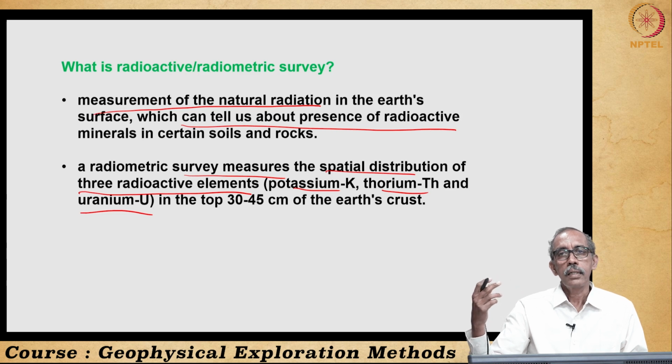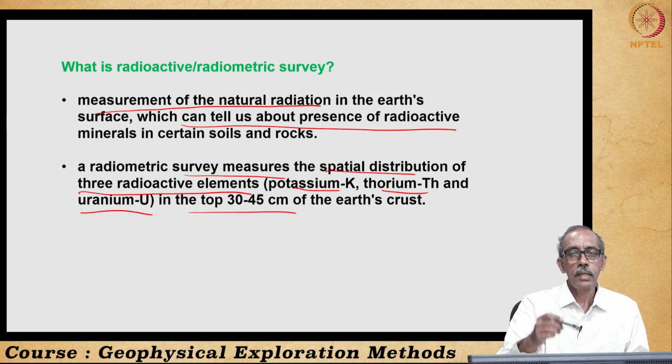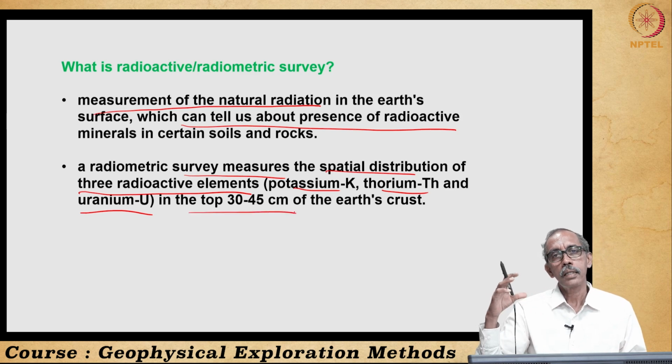The method is not capable of detecting the presence of radioactive elements beyond several meters below the surface. The method is highly suitable to understand the presence of radioactive minerals in the top few centimeters of the surface.